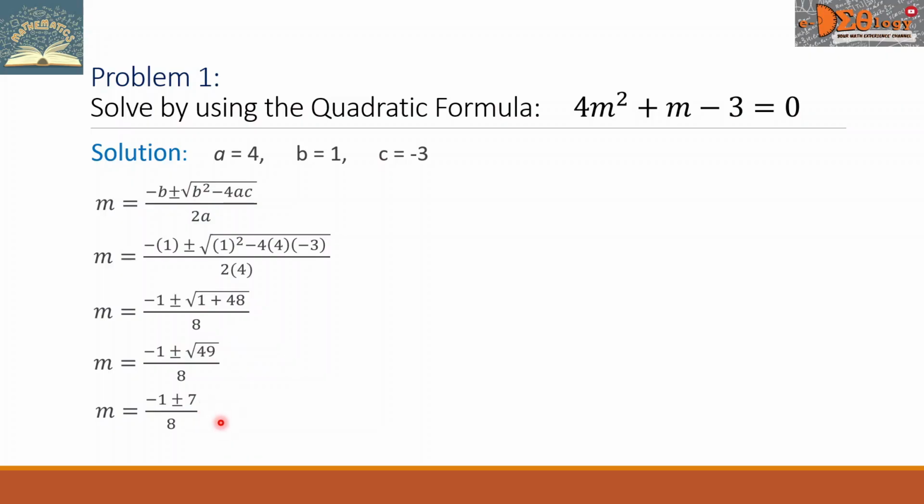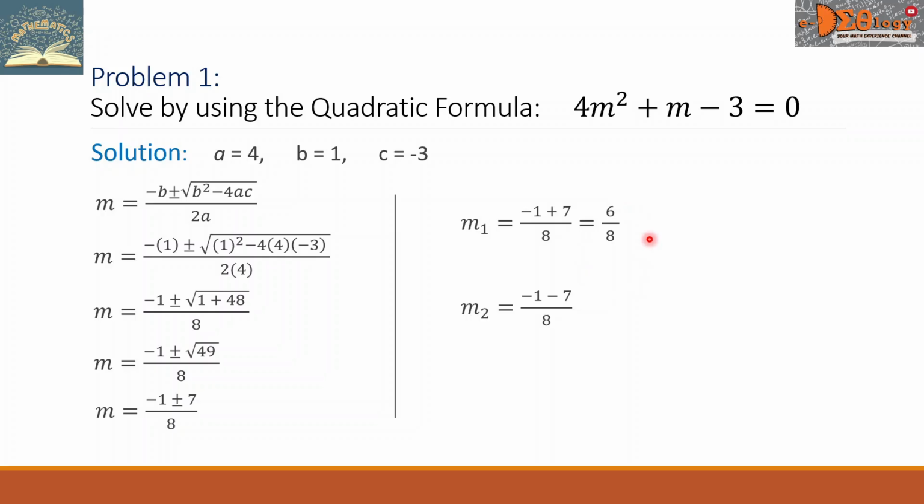When we reach this point, we're going to split now the values for the m. One using the plus, the other using the minus. So we have m sub 1 equals negative 1 plus 7 over 8. We simplify this. The numerator becomes positive 6 over 8.